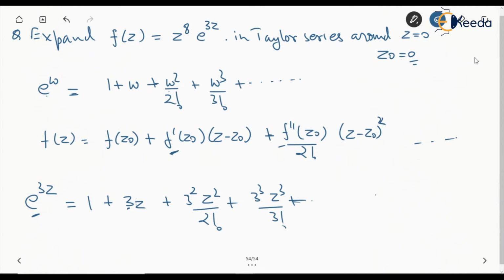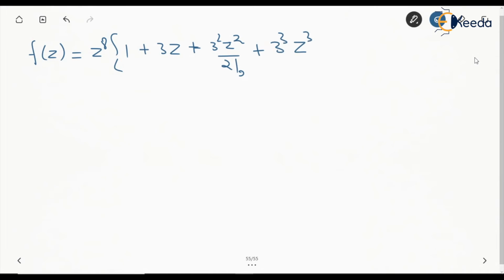Now we had separated this f of z equal to z to the power 8 into e to the power 3z, and now we know the expansion of e to the power of 3z. So all we have to do is multiply it with z to the power of 8. The expansion was 1 plus 3z plus 3 square z square by 2 factorial plus 3 cube z cube by 3 factorial, and so on.